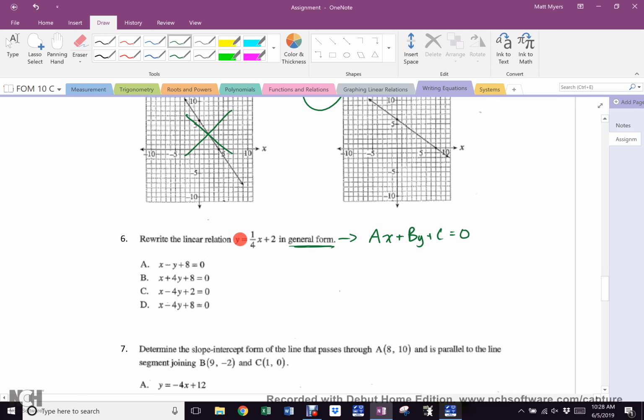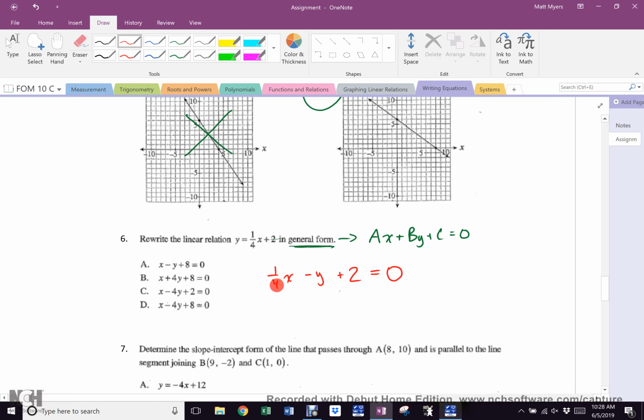Great. So if I put everything on one side here, I'm halfway there, aren't I? So 1/4 x plus or minus y, minus y plus or minus 2, plus 2 equals what? 0. What's not allowed to be there? Fraction. How do I get rid of that?